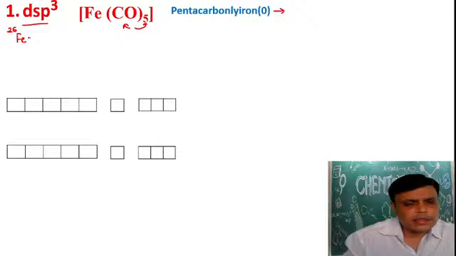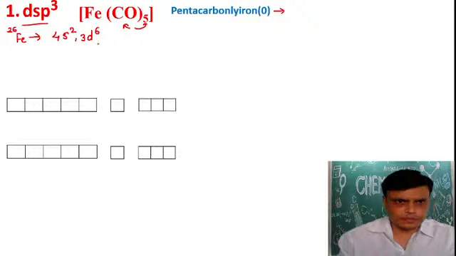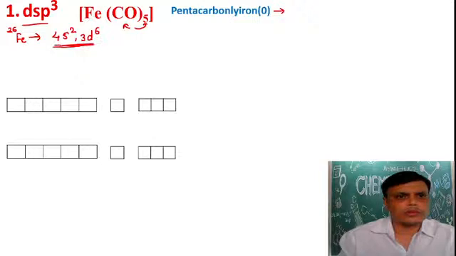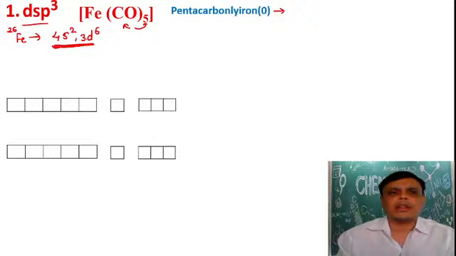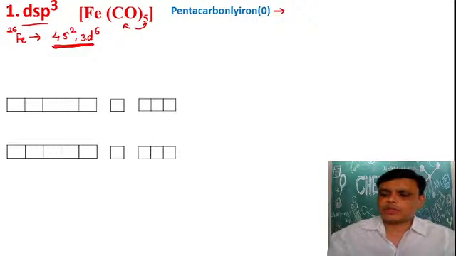Now I will write only the valence shell electronic configuration, which is 4s2 3d6. The oxidation state of iron is also 0, so it will show the 4s2 3d6 electronic configuration only.